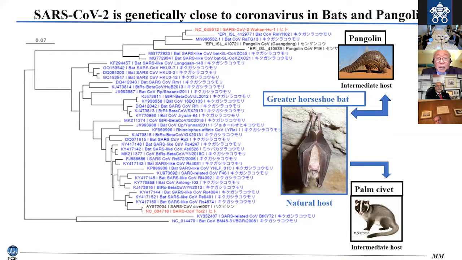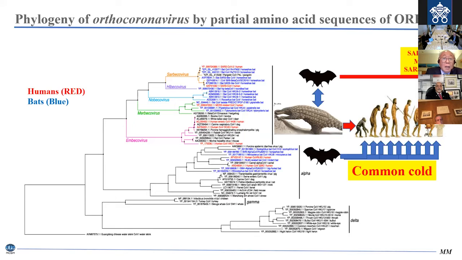This data spans a long time, because the bat is a very old animal that has coexisted with viruses for a long time, and some of them have infected humans. The red ones are derived from human hosts, and the blue ones are isolated from bats. As you can see here, the alpha viruses have infected humans many times.